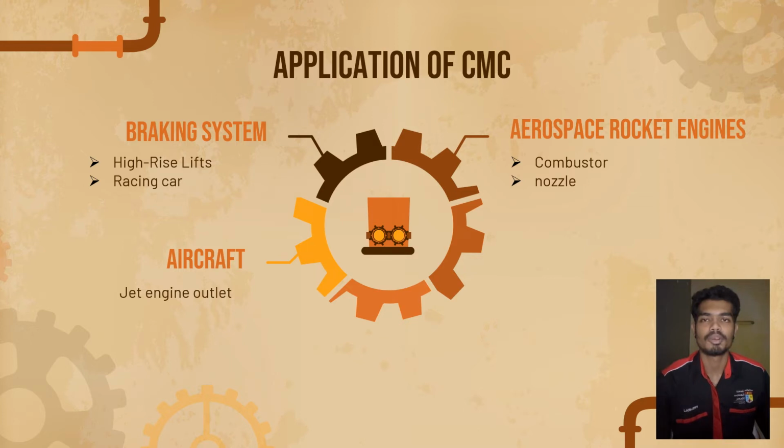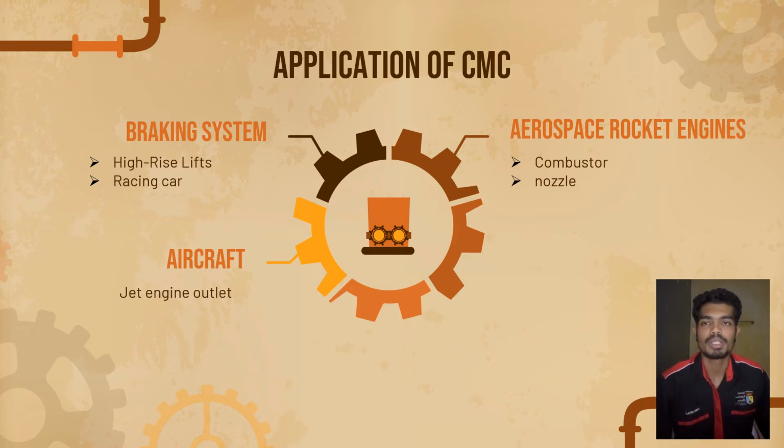Now let's discuss the applications of CMC for the braking system, where high performance elevator braking systems are commercial applications for CMC friction material. These lift driving units are designed to operate in high-rise buildings with cabin speed up to 10 meters per second. The elevator is brought to a controlled stop if the speed reaches this value, which is 10 meters per second.